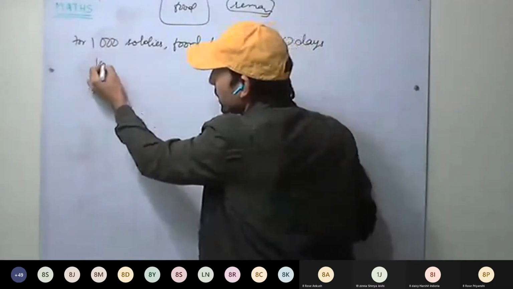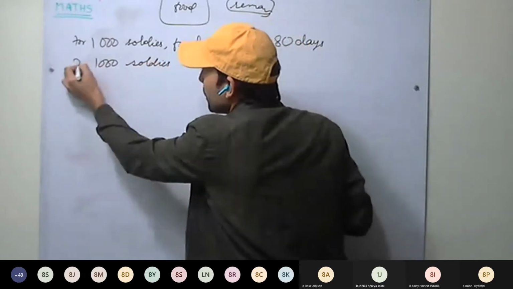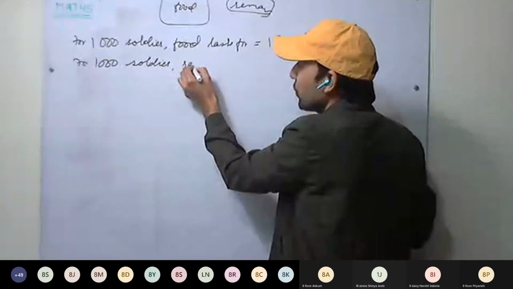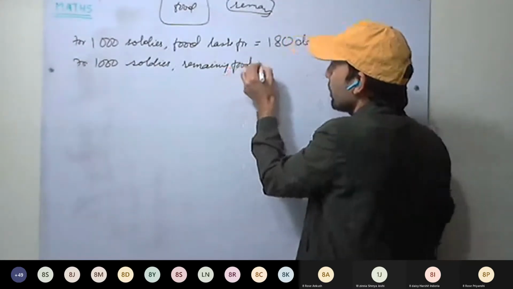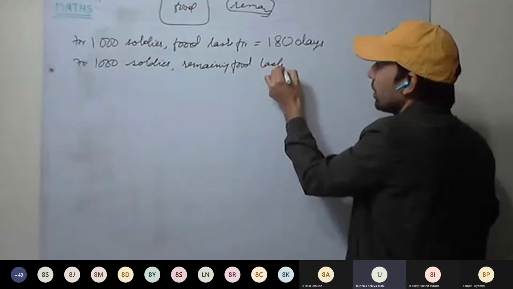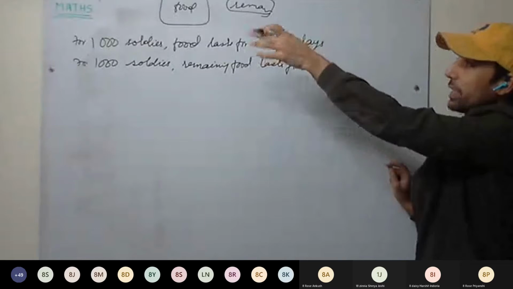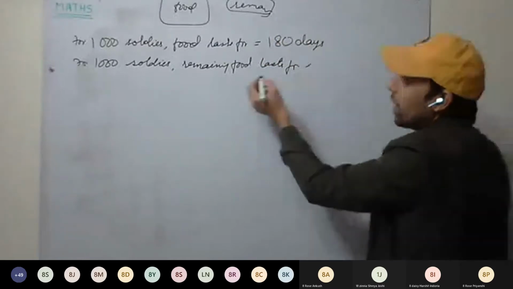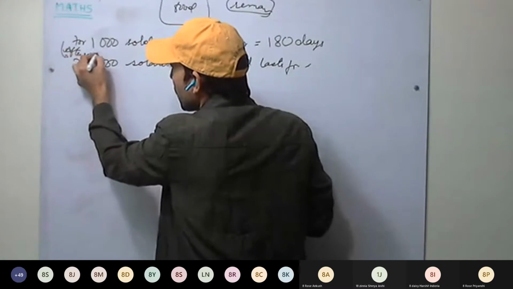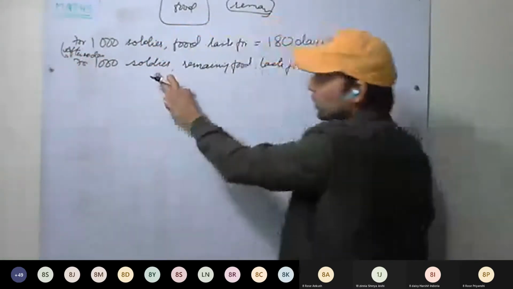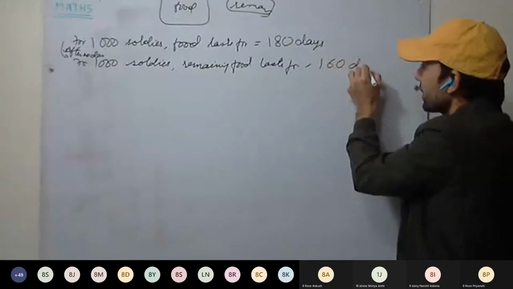If 1000 soldiers are there, remaining food will last for how many days? 180 minus 20 days, because 20 days they have already done. So after 20 days, the remaining food will last for 160 days.